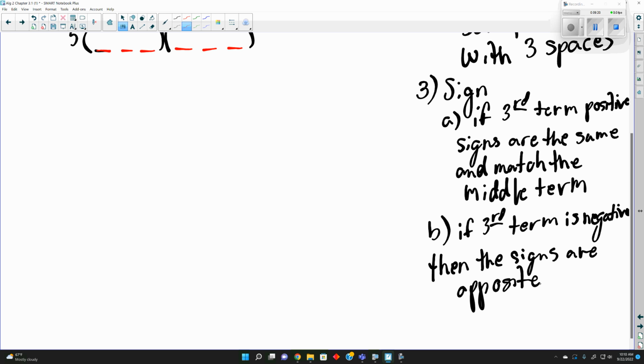One sign is going to be positive, one sign is going to be negative. If the third term is negative, the signs are opposite.